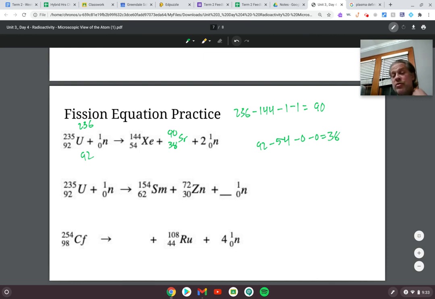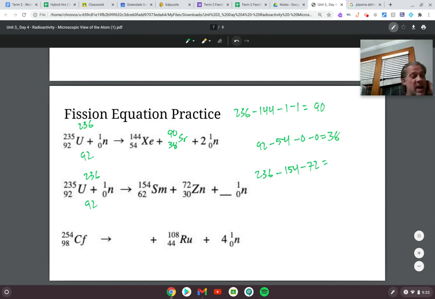The next one down below is a little bit different, and then I'm trying to figure out the number of neutrons that are given off. But the process is still the same. I have 235 plus 1, which is 236, 92 plus 0, which is 92. So I'm going to take 236 minus what I know, which in this case is 154 for a mass number, and minus 72 for a mass number.